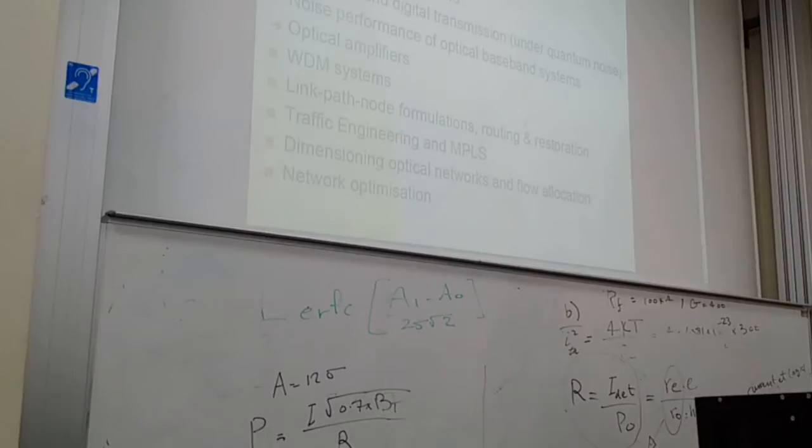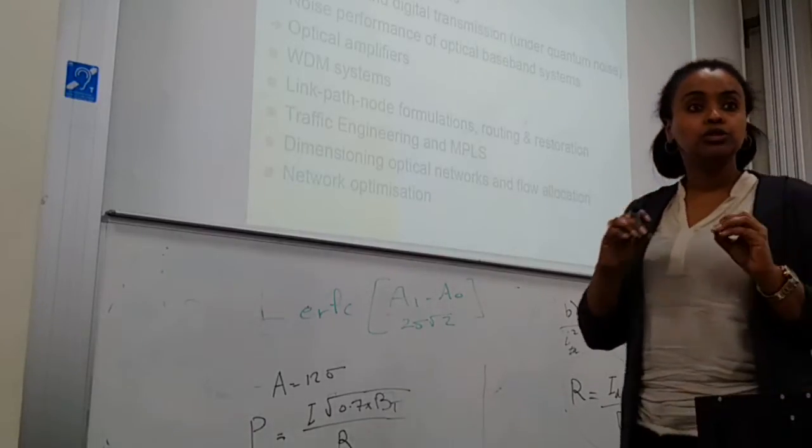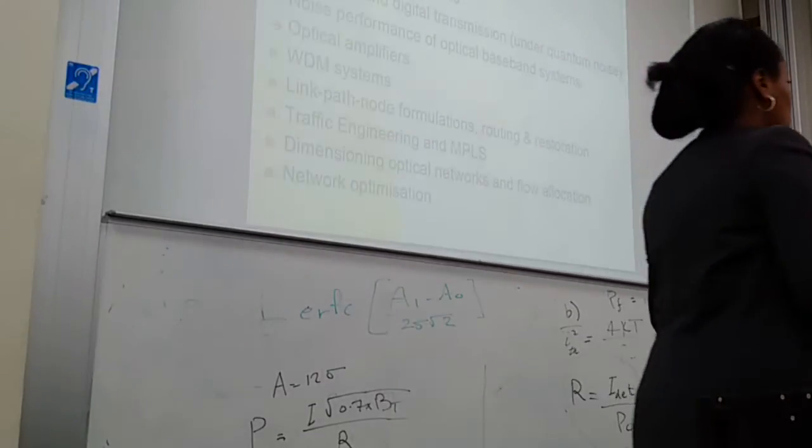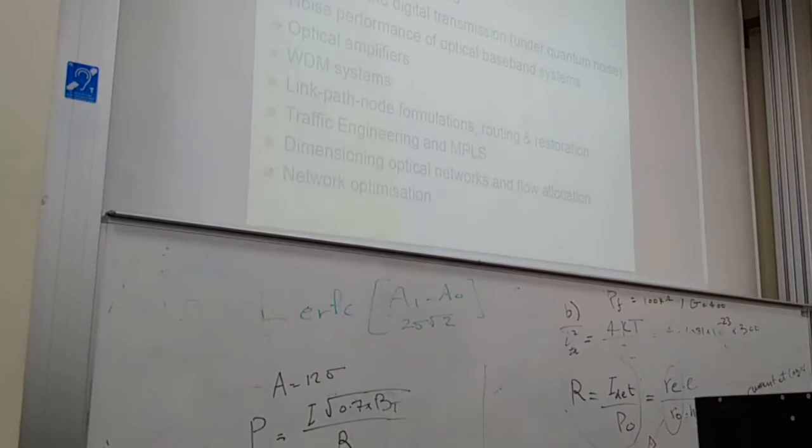In addition to that, regenerators are specific to the bitrate and format used. That means every time we upgrade our system, we have to change the regenerator to go for a higher bitrate.